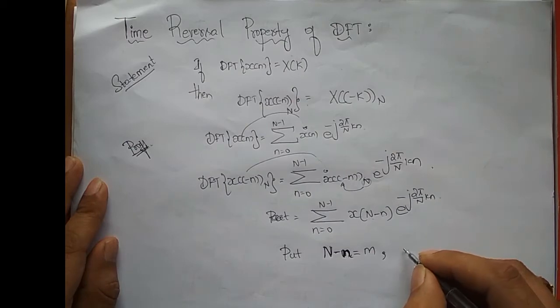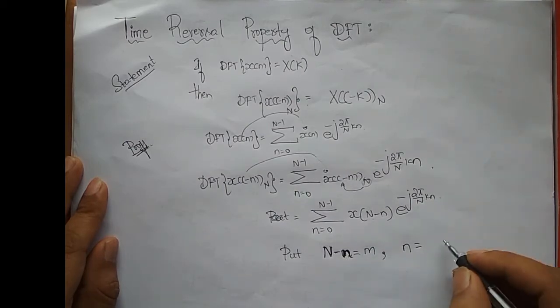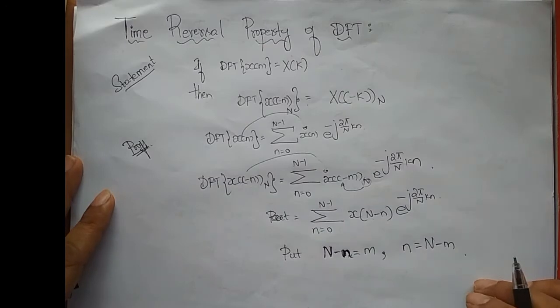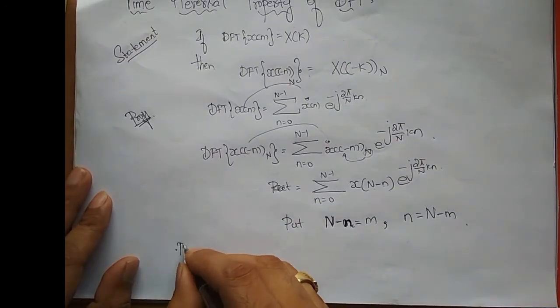And what is n from this? If I write it in terms of m, I get n is equal to N minus m, right? So what is the next step?